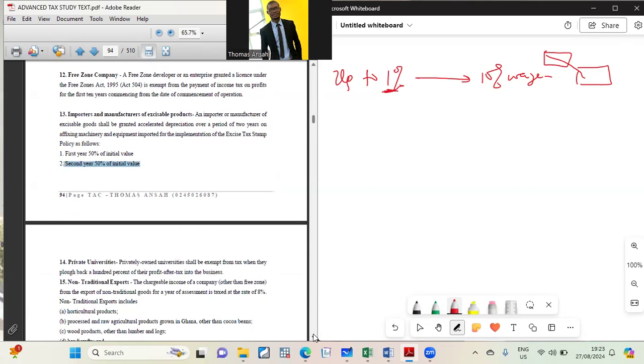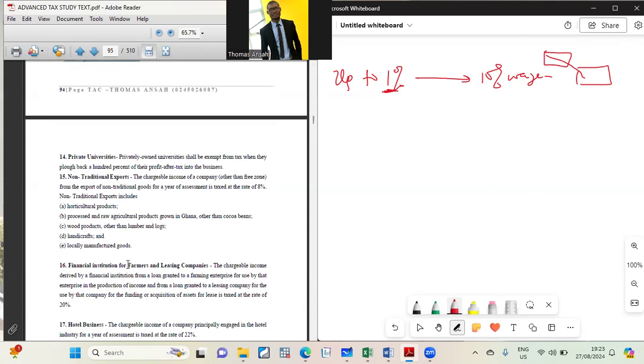They get capital allowance. Now, private universities are exempt from tax if they can prove that they use their profit to improve the school. They plow back 100% of the profit to improve the business. We've already talked about non-traditional exports. They pay 8%. Then financial institutions for farmers and leasing companies.